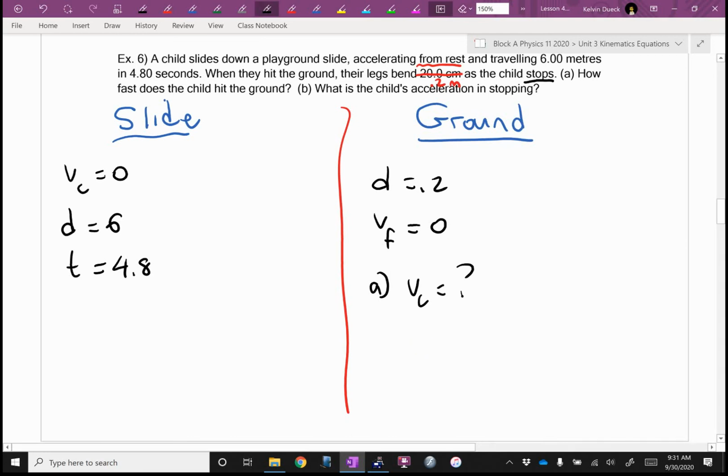Max acceleration on the slide side. So the acceleration down the slide will be the same as the acceleration when they hit the ground? So figure it out. We've already said it's not acceleration. Distance is 6. Distance, not that.